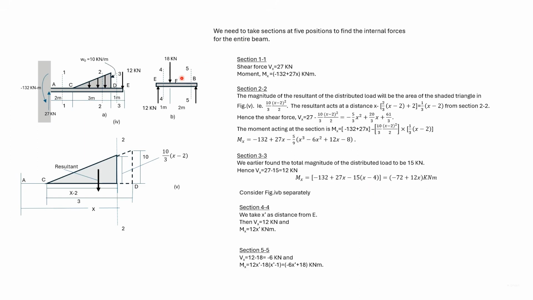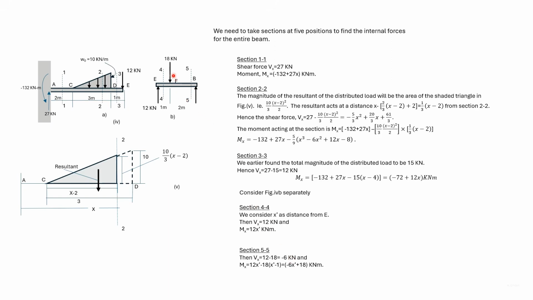Now consider section 4-4. The shear force is 12 and the moment is 12x', where we have represented the distance of the section 4-4 from E as x'. Now consider section 5-5. And the shear force is 12 minus 18, that is minus 6 kilonewton.